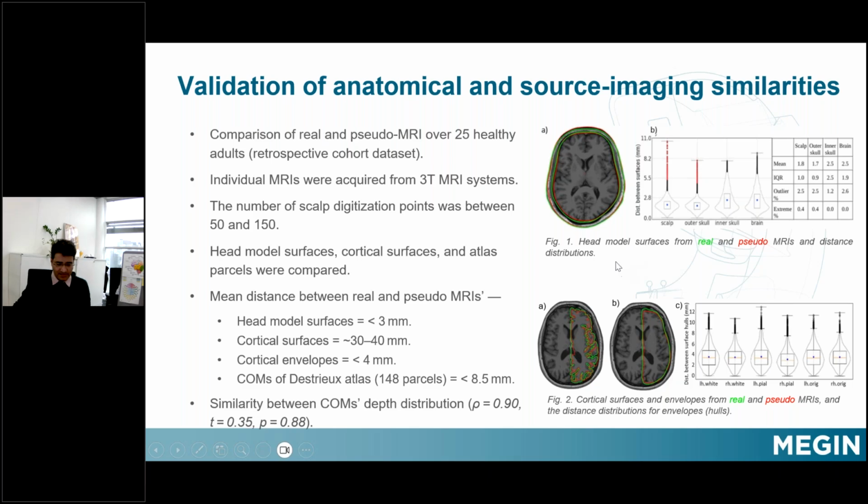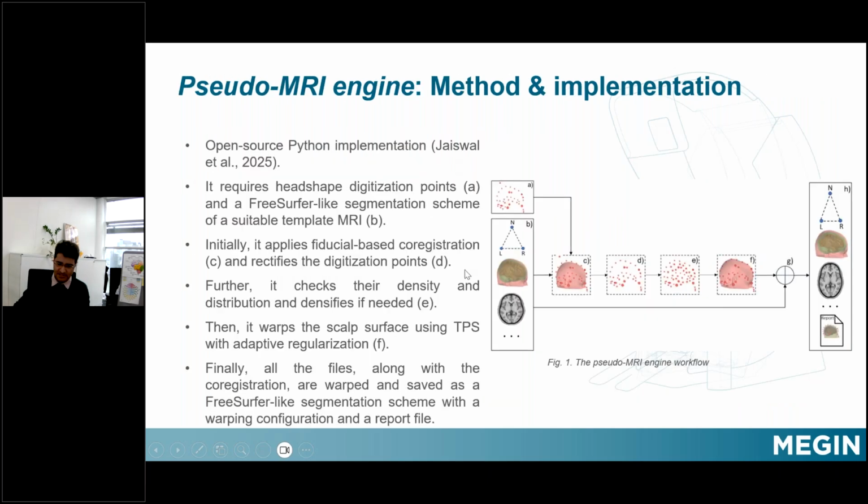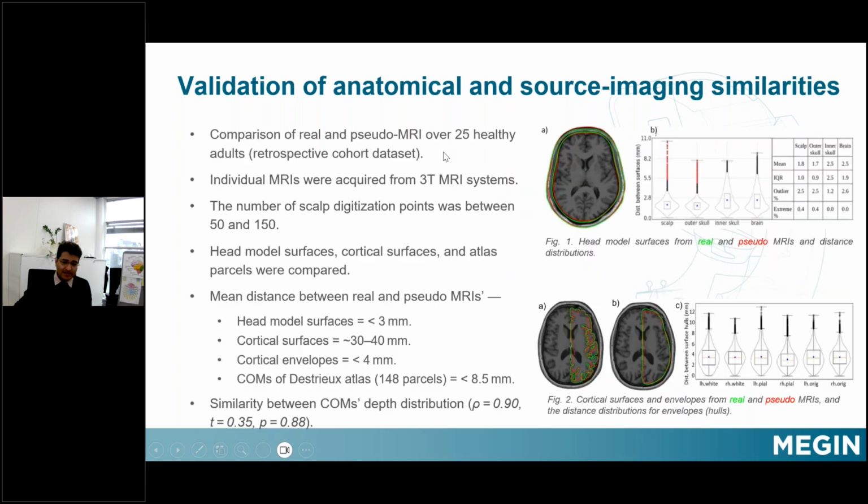Now these methods are mentioned in detail in the paper that we published recently, and the validations are also done there. In the paper we did two kinds of validation: anatomical validation and source imaging validation.